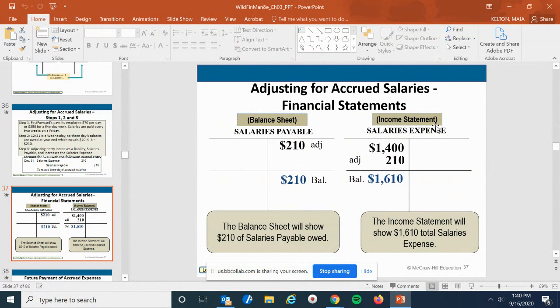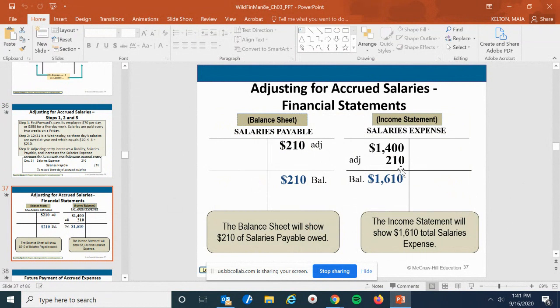So again, the reason of all adjusting journal entries, accruals included, is to make sure that the company accounts for every expense that they had to incur, every revenue they had to generate in the appropriate period.